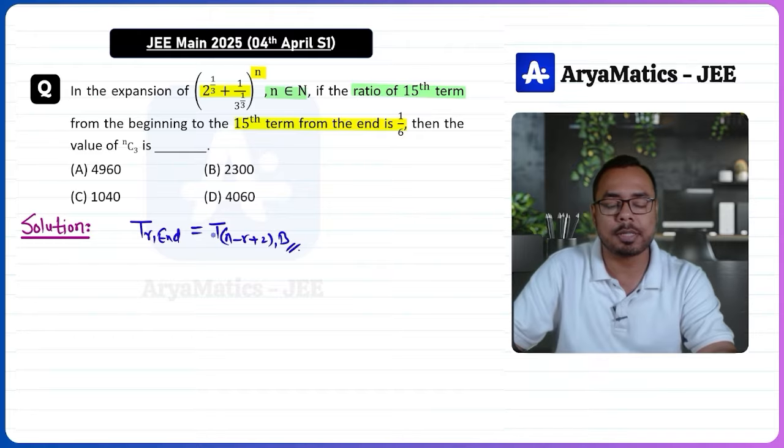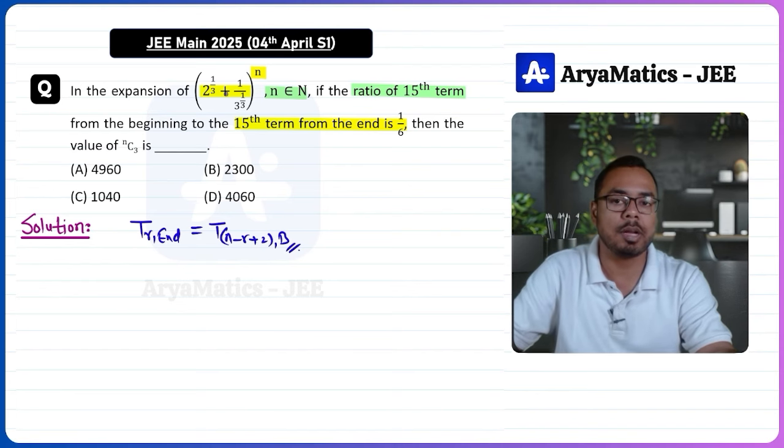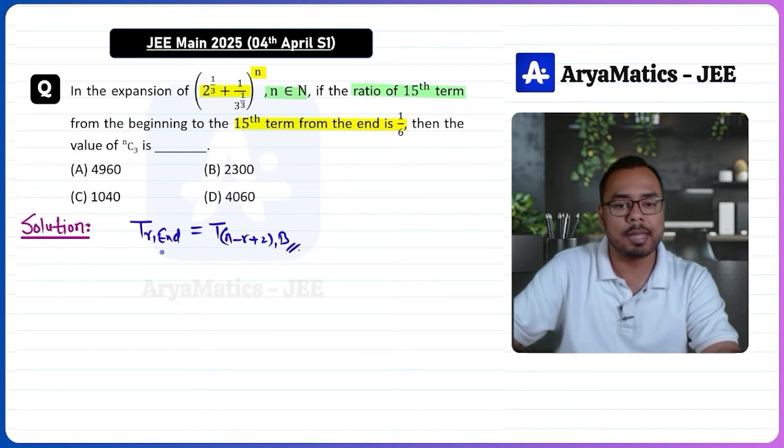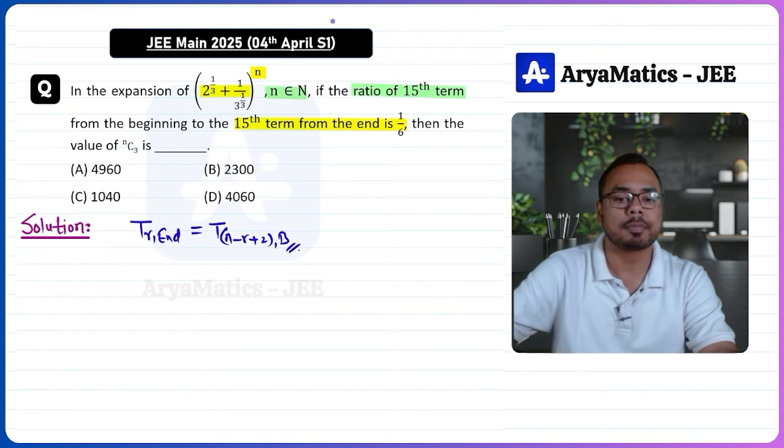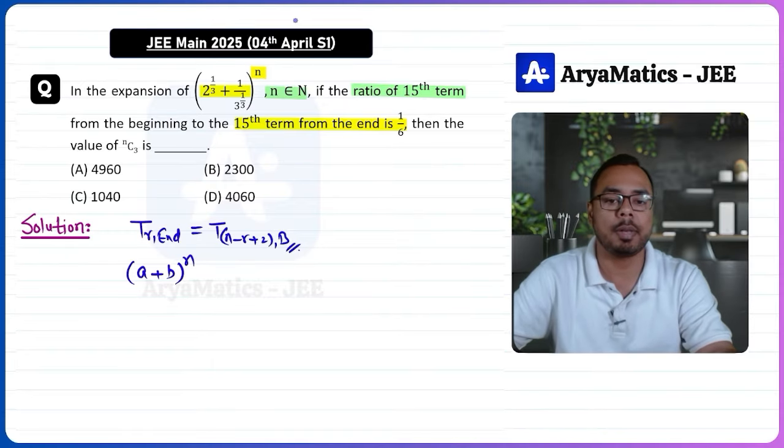However, there is another much easier method where you don't have to deal with these terms. You can directly write a particular term from the end. If I need a particular term from the end in the expansion of (a + b)^n, you can just interchange a and b.